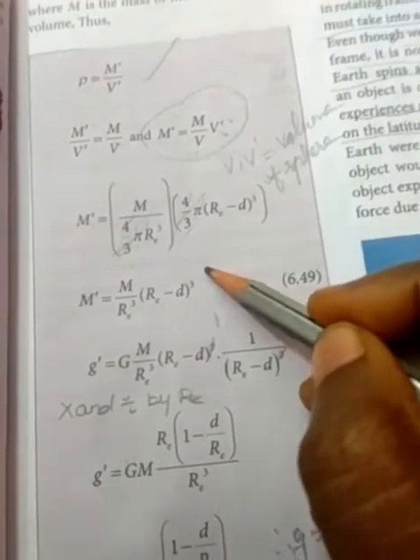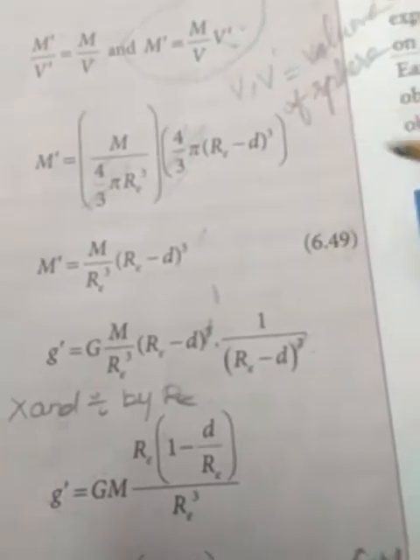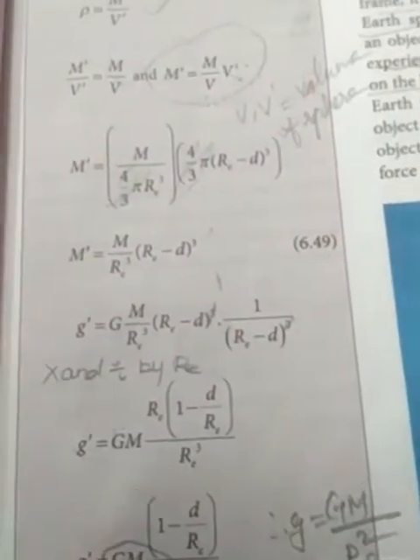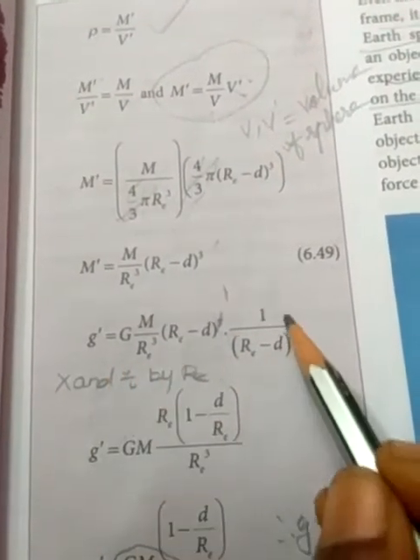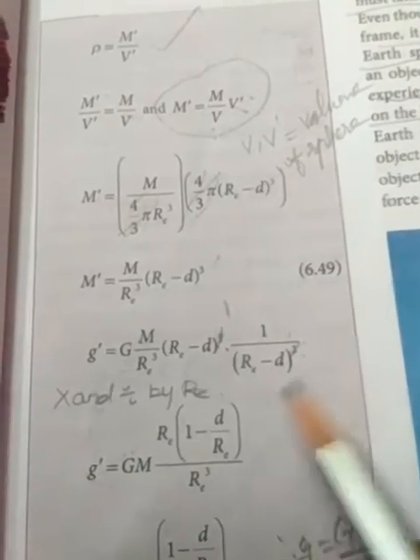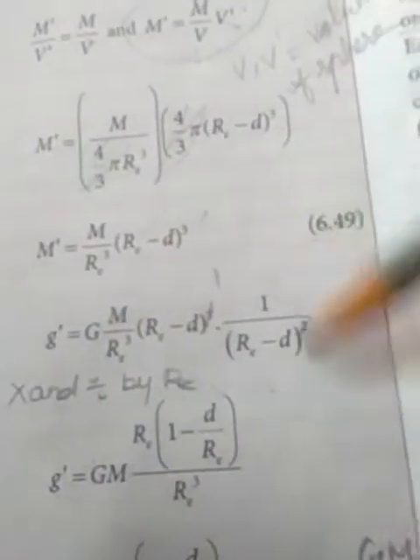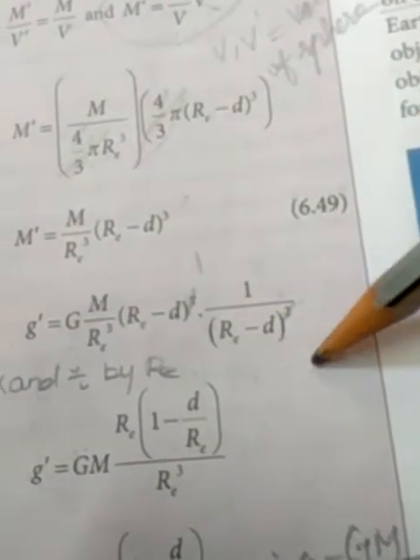Next, you divide by r squared and multiply by 1 by (r minus d) whole squared.